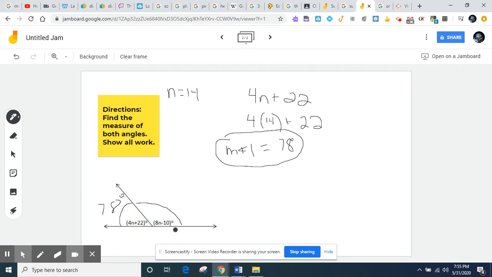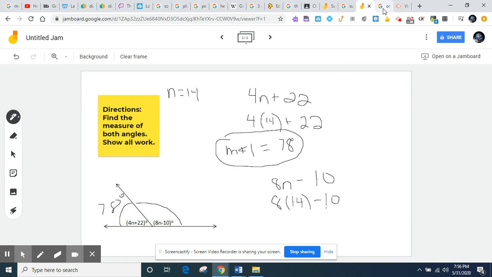So that's a separate expression. So again, we're going to write the expression 8n minus 10. And we know what n is now because we've already solved it. So we're going to do 8 times 14. Again, we're substituting the value for n. Wherever there's an n, we're putting in 14 minus 10.